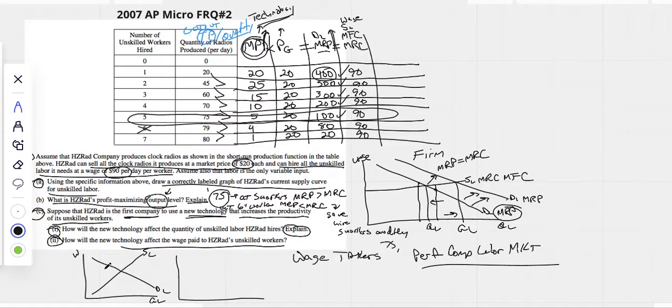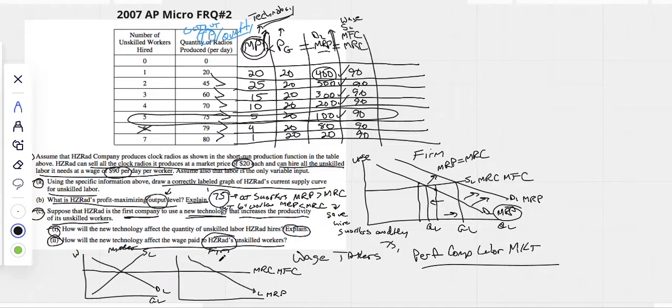Now, we've already sort of established that they're wage takers. So the market controls the wage. This is our MRC. This is our MFC. Again, this is demand for labor, marginal revenue product. But Hazrat is the only one with the technology. It's not affecting the market. Remember, the wage is controlled by what happens in the market, not what happens in the firm.